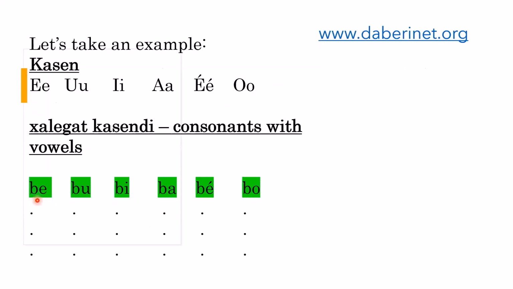This will sound like be, bu, bi, ba, bu, bo. You remember how our consonants sound, and this is almost an amalgamation of that. This is a, this is be, this is u, this is bu, this is e, this is b, a, ba, bu, o, bo. That's how we make the 160 plus alphabets that we use.